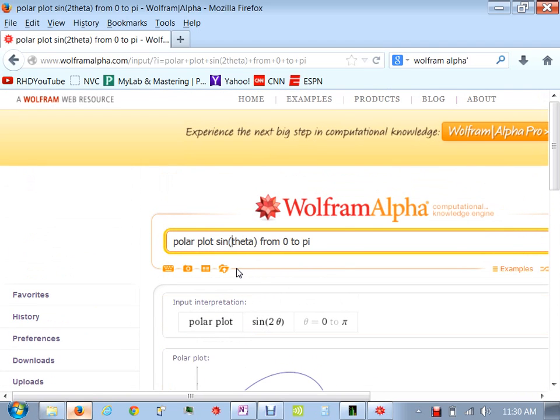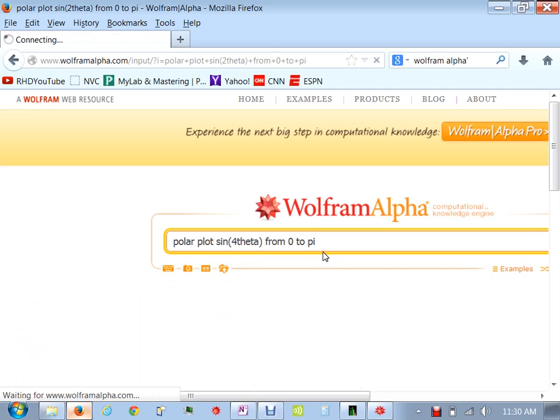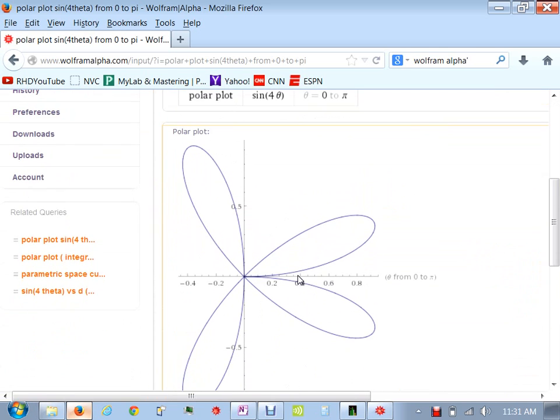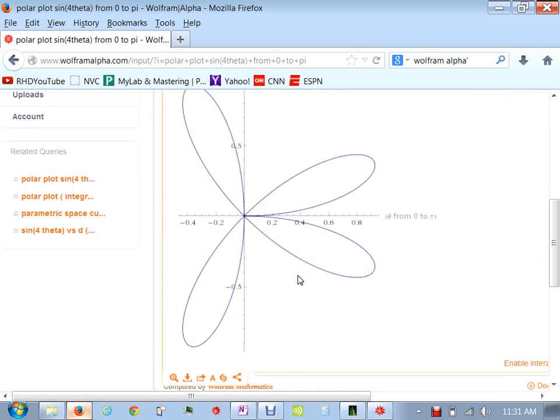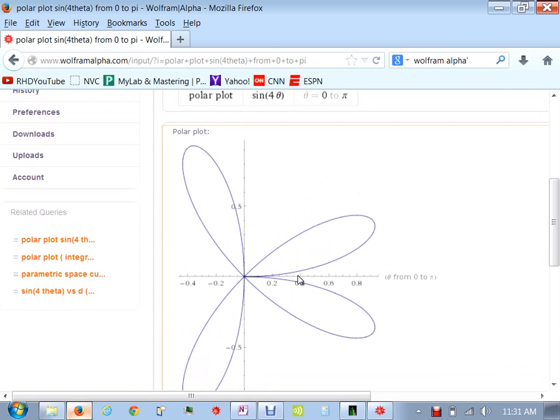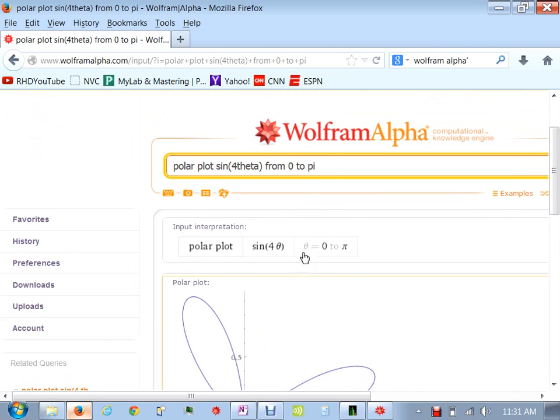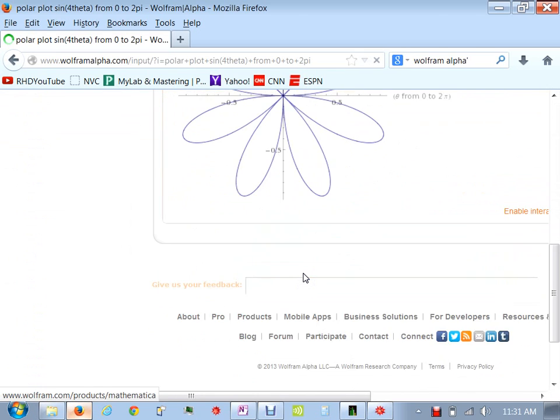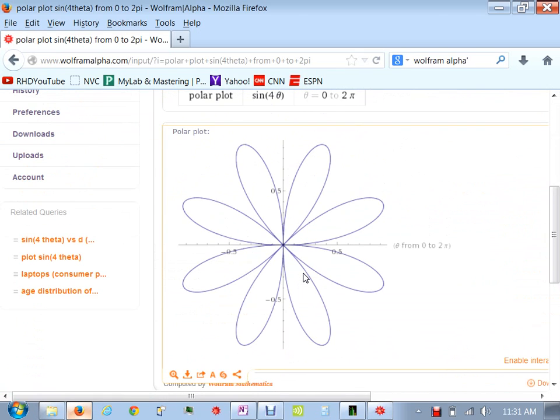But if I change it from 2 theta to 5 theta, or 4 theta, let's see what happens. See that? You want me to go to 2 pi? It's going to start drawing on itself again, I think. Oh, no? Look at that.